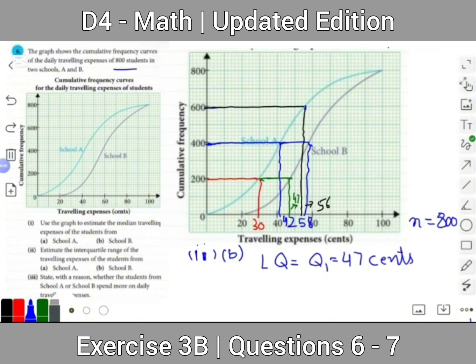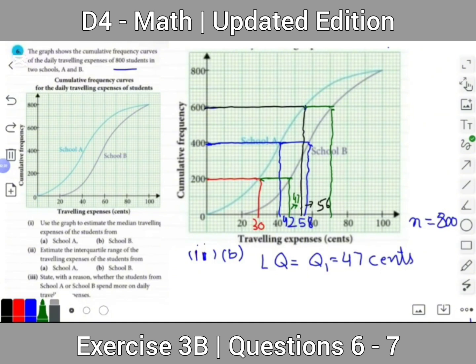Now for the upper quartile or the third quartile, we will extend the horizontal line from the point 600 to the cumulative frequency curve representing the school B. Now from the point of intersection on the curve, we will draw a vertical line until it intersects the horizontal axis.